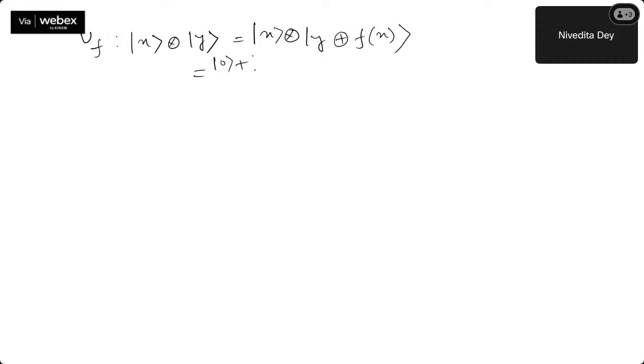Okay. So what was my U_f? Let me write U_f again. U_f was x product y equals x product y XOR f(x). So let me write the values of x and y now. It will be (ket 0 plus ket 1) by root 2 product y, which is (ket 0 minus ket 1) by root 2, XOR f(x).